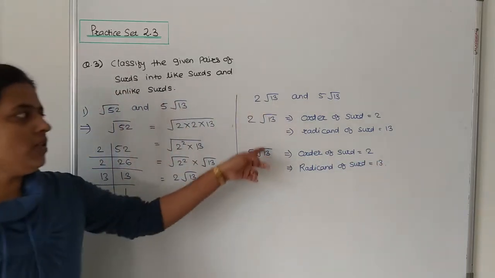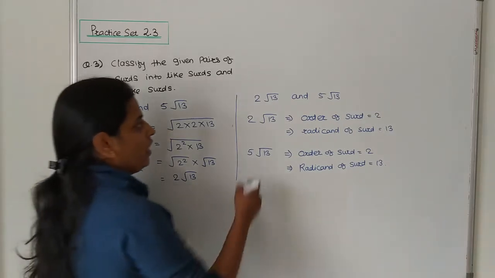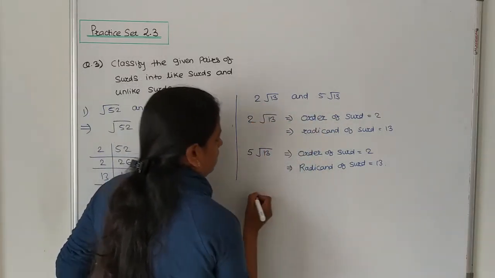That means in both cases the order and radicands are the same, so we call these two surds like surds.